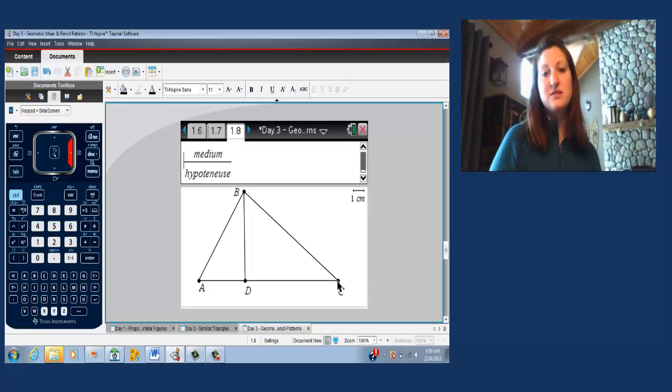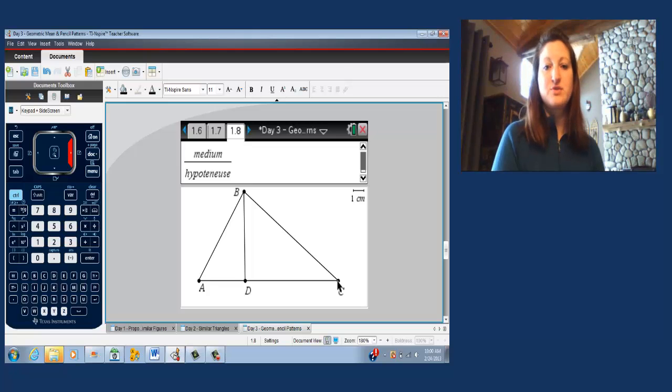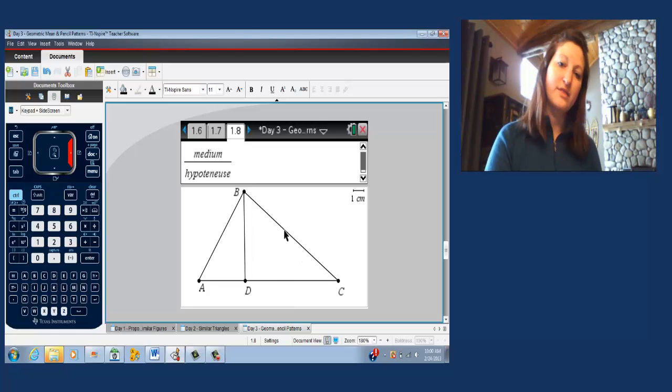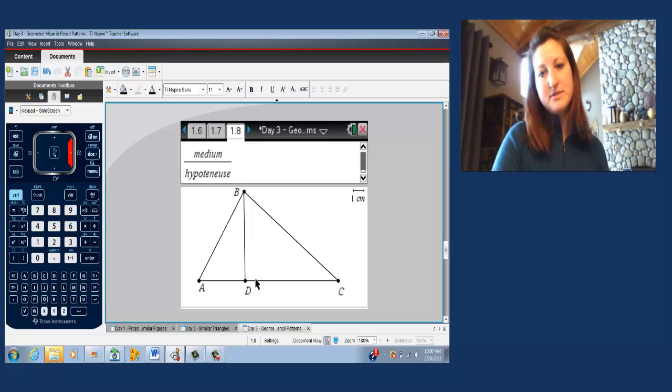Okay, second proportion that we can set up is comparing the medium side to the hypotenuse. So for this one, we're going to take a look at the medium triangle and the great big triangle. So on the medium triangle, the medium side is DC and the hypotenuse is BC.